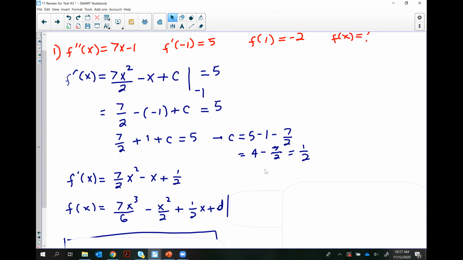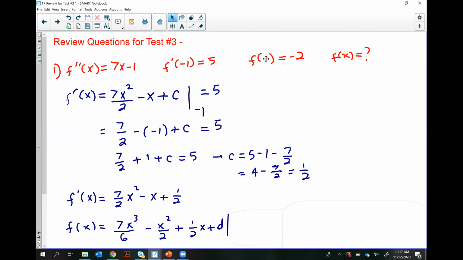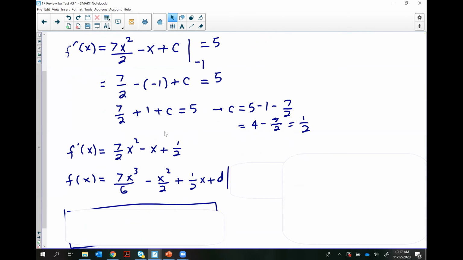And what we do know is that from up here, when you plug in 1 for x, everything should be set equal to -2. So now I'm going to plug in a 1 everywhere I see an x and set the entire thing equal to -2. At this point, it's going to be 7 over 6 minus 1 over 2 plus 1 over 2 plus d equals the right-hand side.